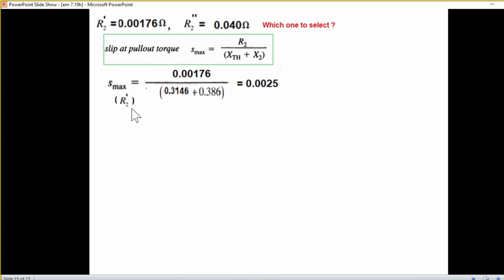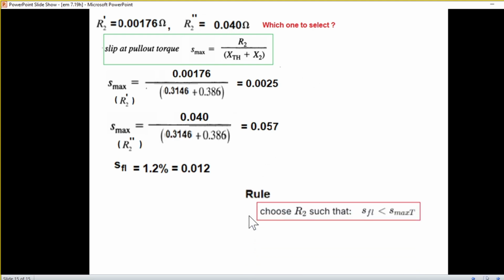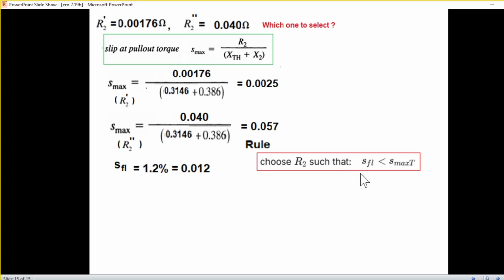So the maximum slip for R2 single dash is 0.0025, and for the second R, that is R2 double dash, it is 0.057. And we know the full load slip given in the question is 1.2%, which is 0.012. So now we can compare the three and apply this rule.